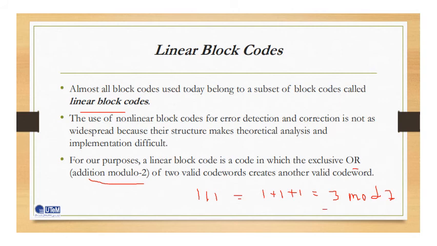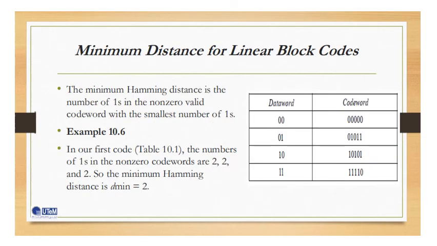The remainder is 1. So this is even, this is odd. The minimum distance for linear block code uses the minimum Hamming distance.